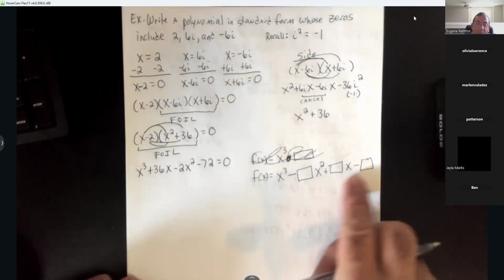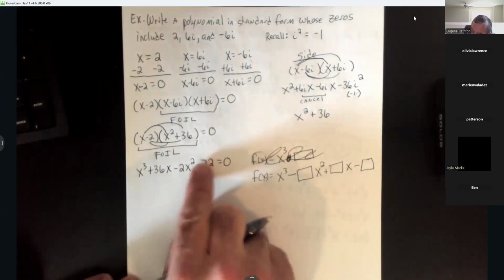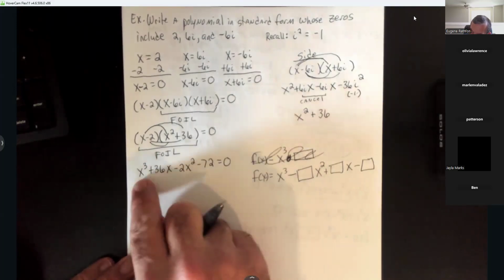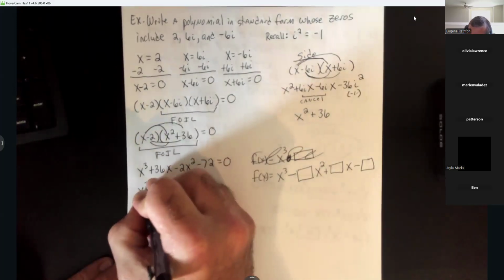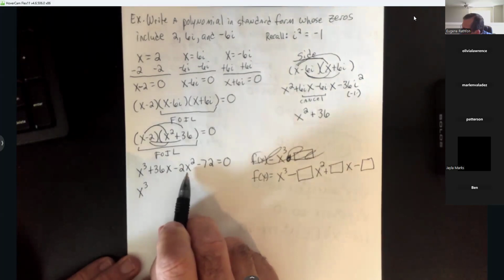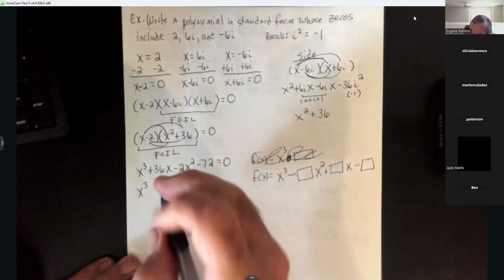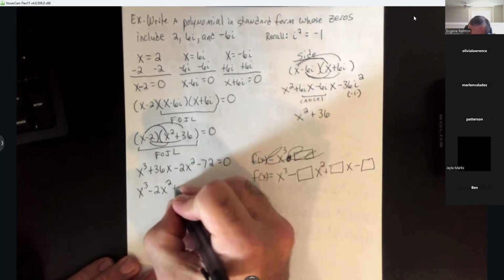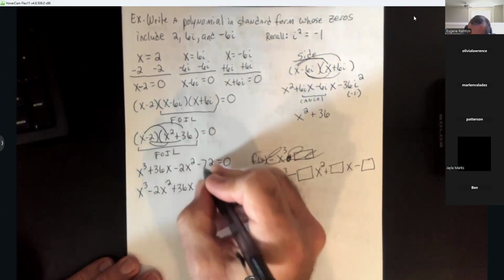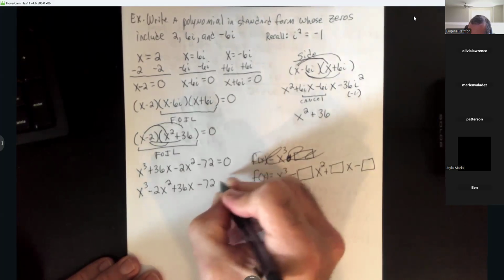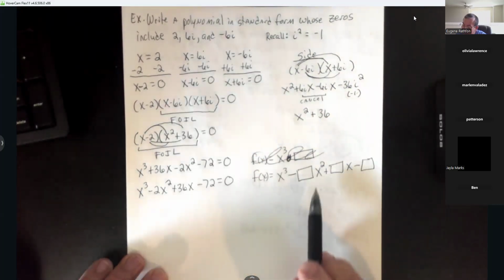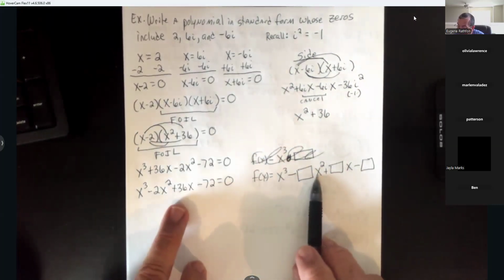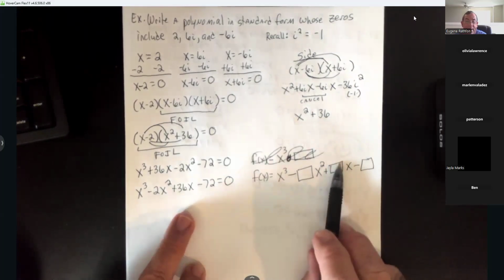So this one, they had three boxes we had to fill in. Let me get this in order first. So my x cubed, then my negative 2x squared, my plus 36x, and then minus 72. So I got my minus, plus, and minus like they have them.